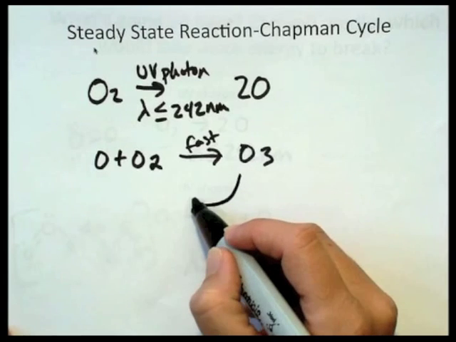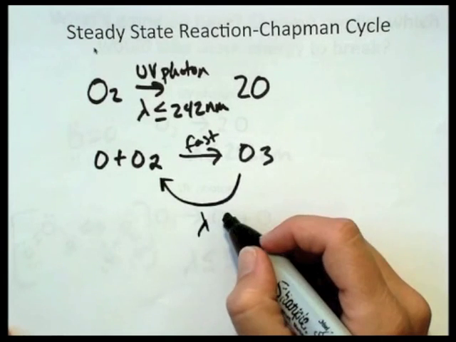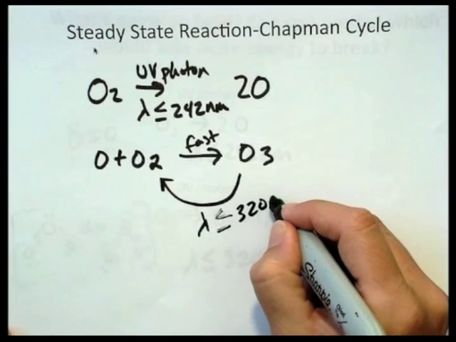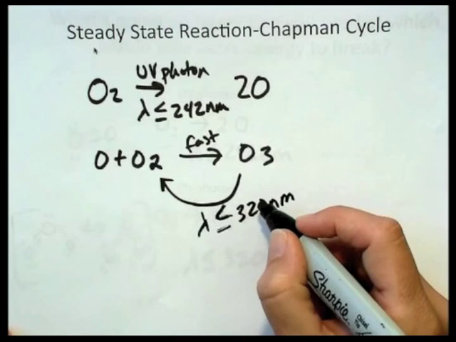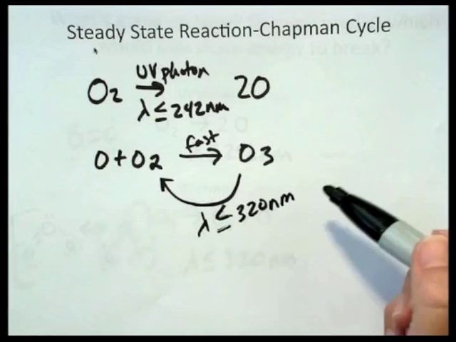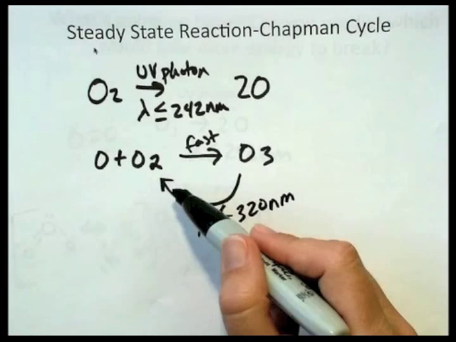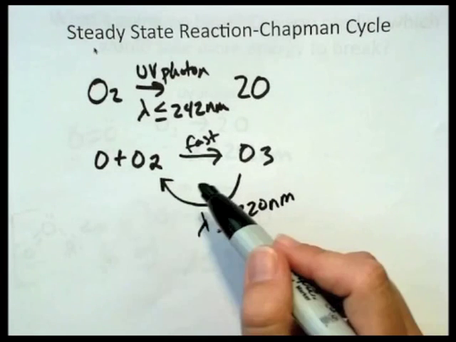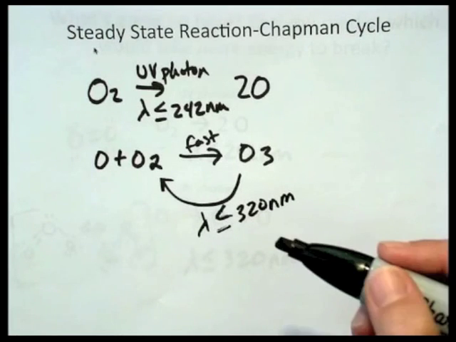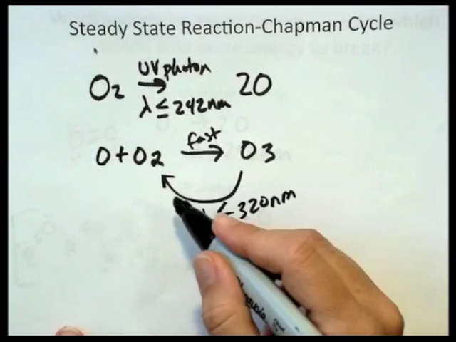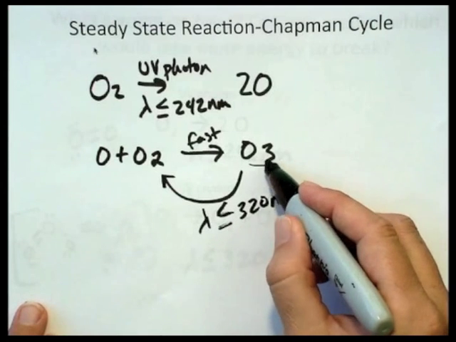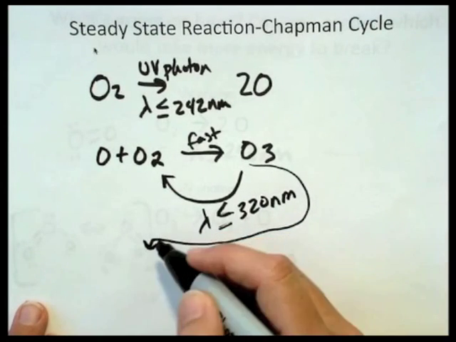Then the ozone, when it comes in contact with a photon of ultraviolet light less than or equal to 320 nanometers, which is a little lower energy because it's a weaker bond, will dissociate back down to the oxygen atom and the oxygen molecule. This reaction actually is slower.